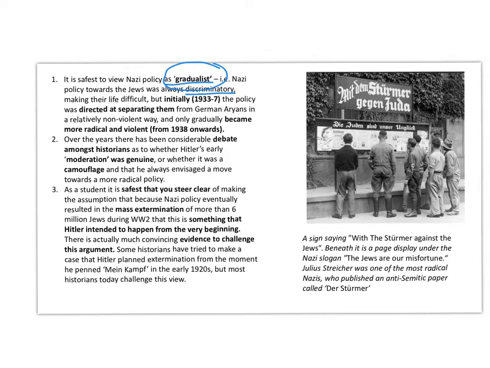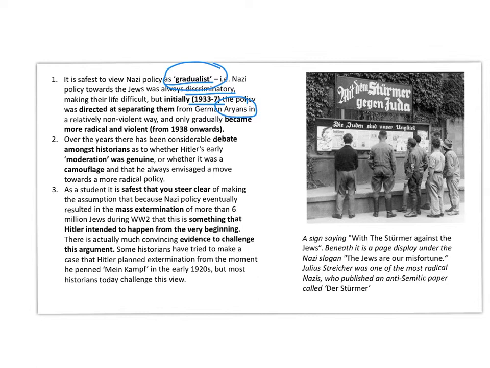But initially, and in particular the first 4 or 5 years, 1933 to 37, and remember our paper is about 33 to 35, the policy, Nazi policy, seemed to be more directed at separating them from ordinary Germans, ordinary in the sense that Germans who Hitler did not classify as being Jewish, who Hitler would call German Aryans, okay, Germans of, in Hitler's view, pure blood, untainted blood. So passing laws which would separate out the 500,000 Jewish Germans from the other Germans.